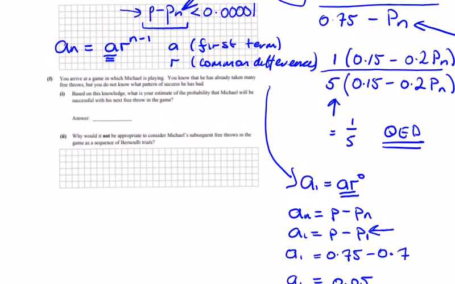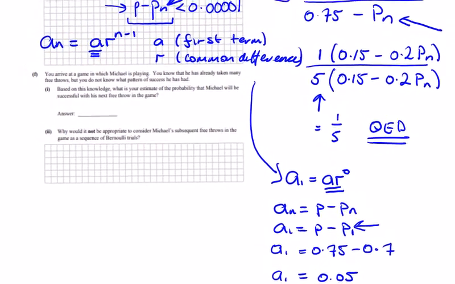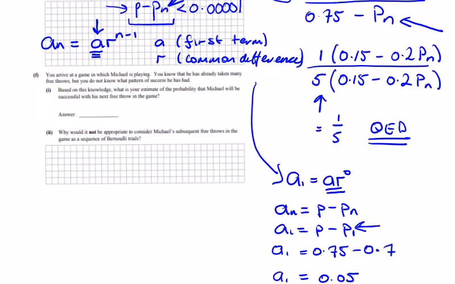So we have A to be 0.05, and we have R to be 1 over 5, which is 0.2. You could write it as 1 over 20 by 1 over 5 if you so wish.